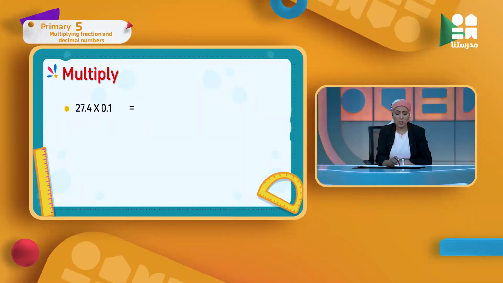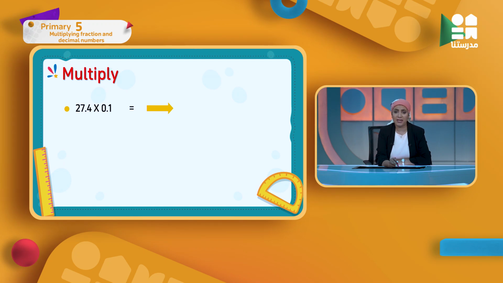So when I have no decimal point, the 0 on the left-hand side is meaningless. So here I will multiply 27.4 times 0.1, take away the decimal point, it will be 274 times 1. 274 times 1 is 274.